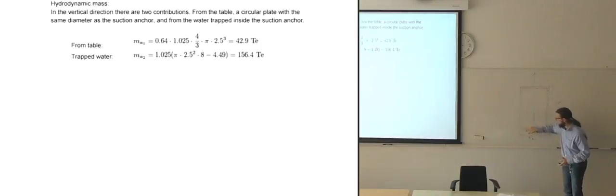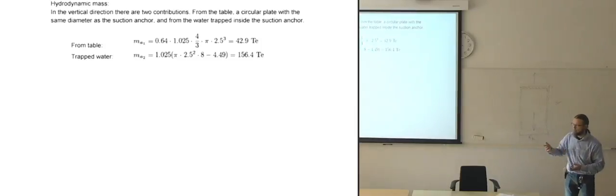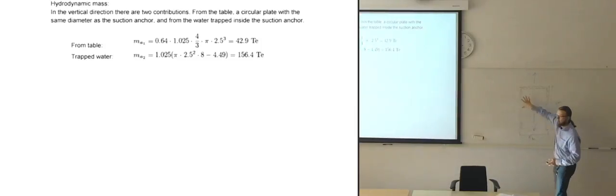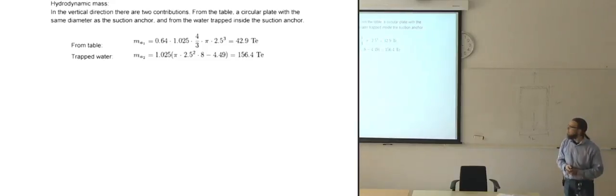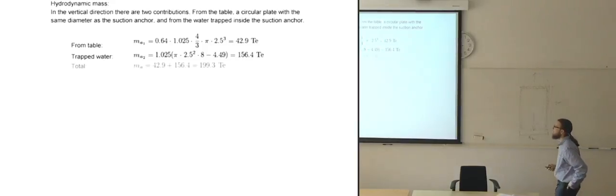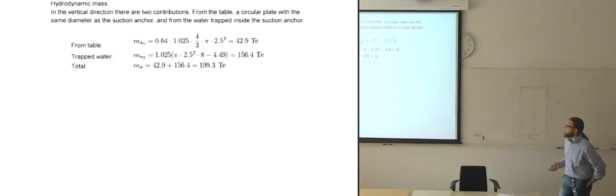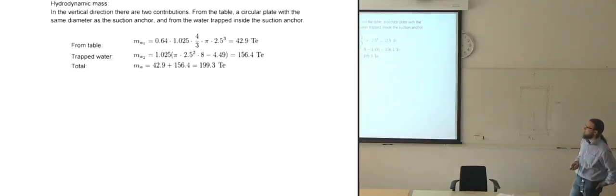Instead of trying to figure out what the internal radius is and what the length is and everything like that, we can just do the entire thing and subtract the steel, since we already know the volume of steel. So when we put these two together, we get quite a lot of added mass on this one. And most of it, as we can see, is just the mass of water that's trapped inside the anchor.